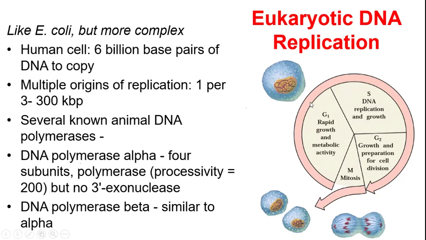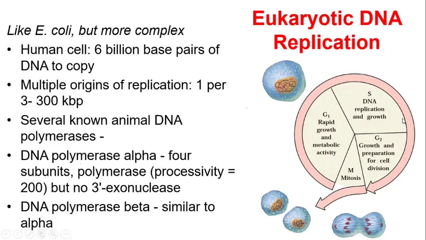And what you are seeing on this side is the cell cycle, describing this idea. By the time the cell divides into daughter cells, it will go through this cycle. The first is what we call G1, which involves rapid growth and metabolic activities.